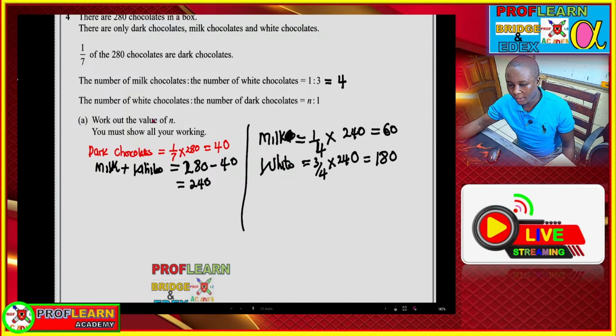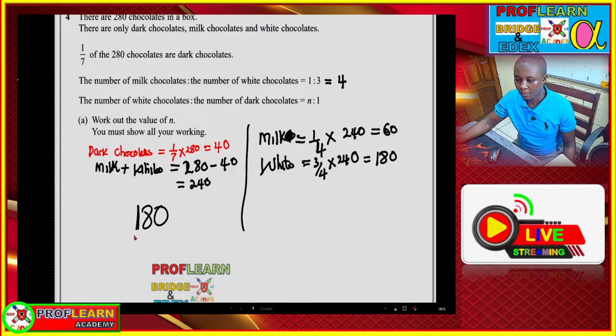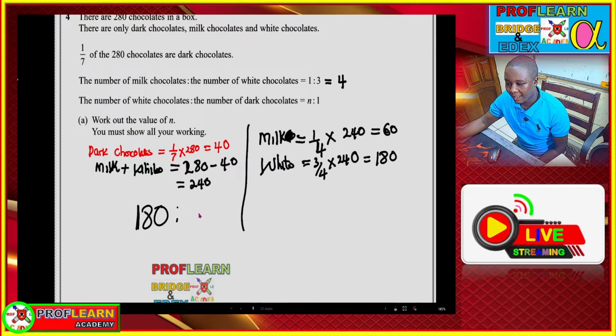Now the question is the ratio of white to dark. What is white? White is 180. And then dark, we got it to be 40.